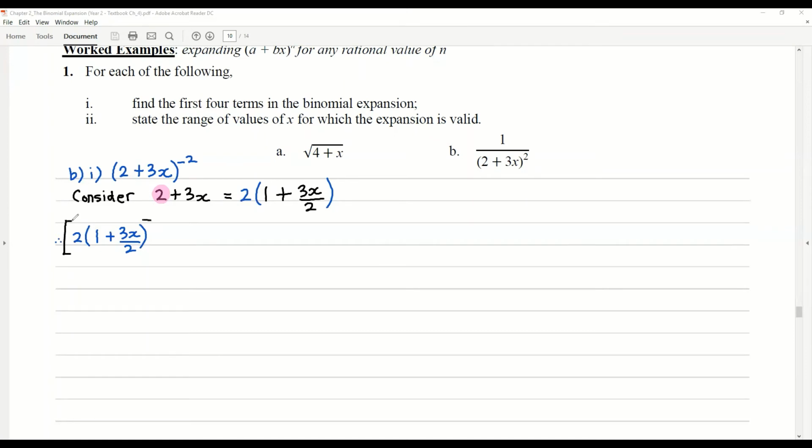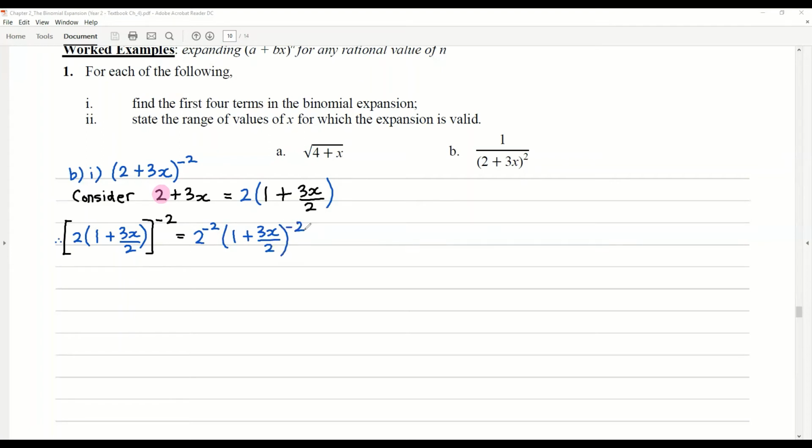What happens when we raise all this to the power negative 2? Well, again, we consider each factor separately. So this is going to be 2 to the power negative 2 multiplied by 1 plus 3x over 2 to the power negative 2.